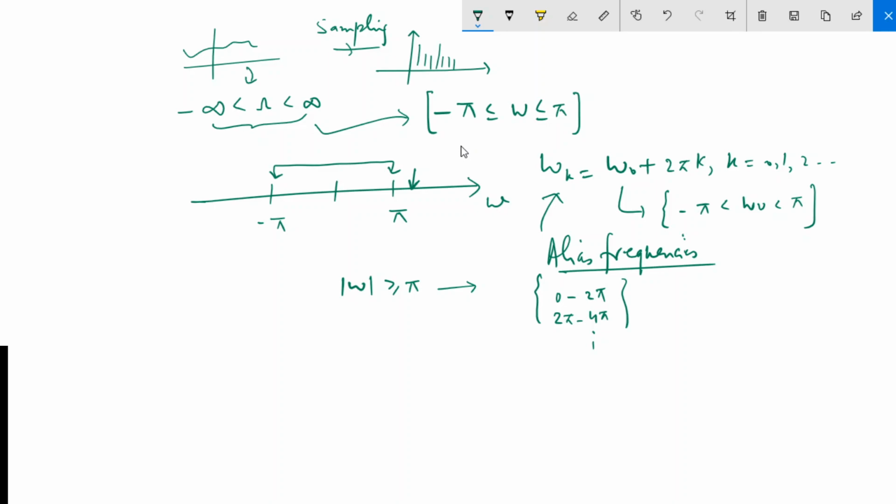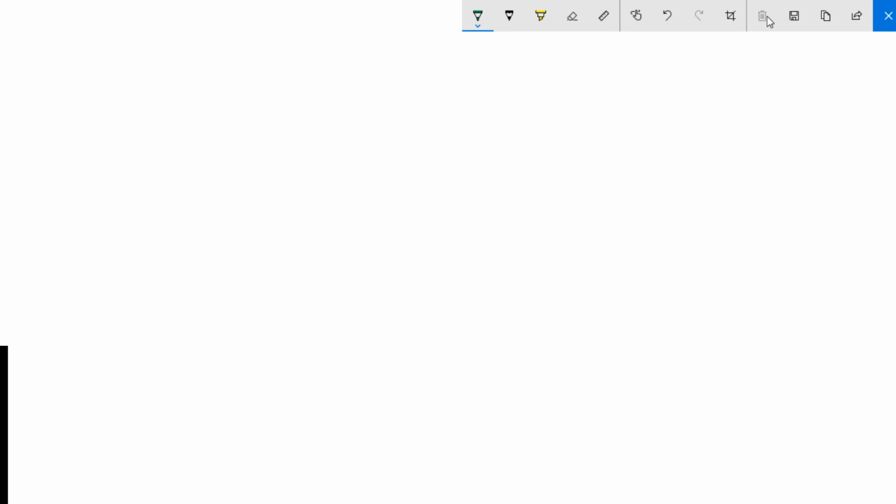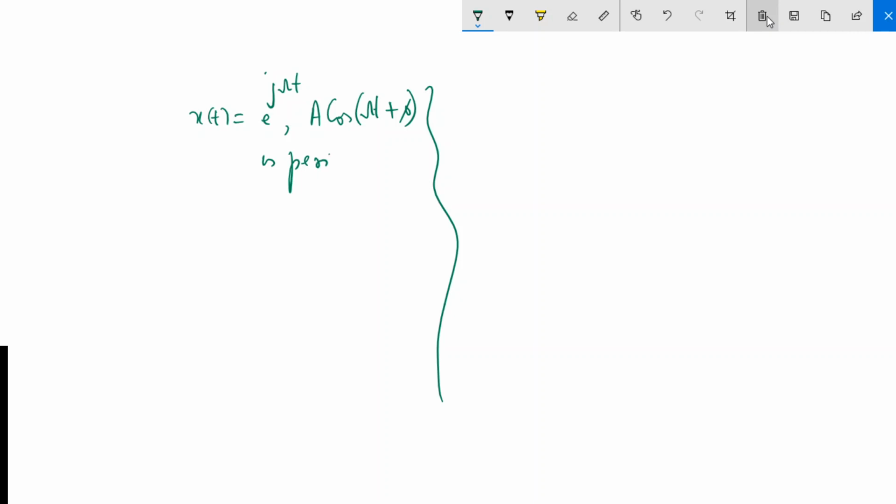Now the second important difference between continuous and discrete time signals. When we discussed continuous time signals, we said that they are always periodic. Okay, so x of t is equal to a e raised to j omega naught t, or x of t is equal to a cos of omega t plus phi, is periodic with a time period of 2 pi by omega, always periodic.